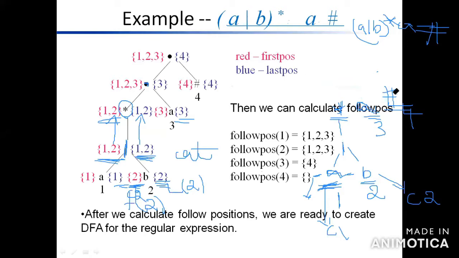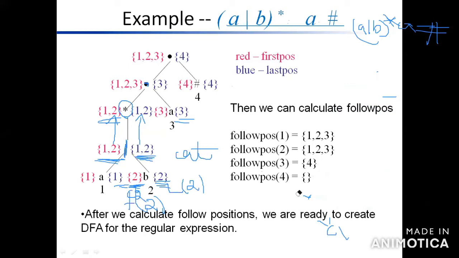Now you can go to the next thing. Here I am calculating for this cat node. For the star, you have to check the previous one, which is the star node. As I said yesterday, the star node is always nullable.